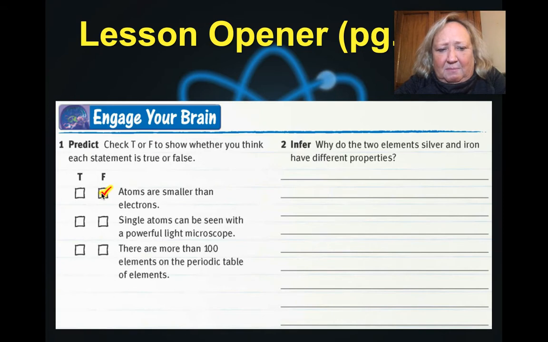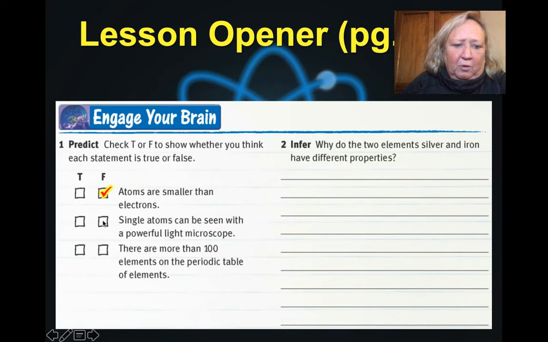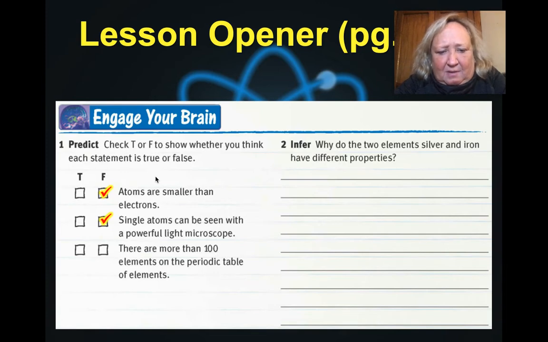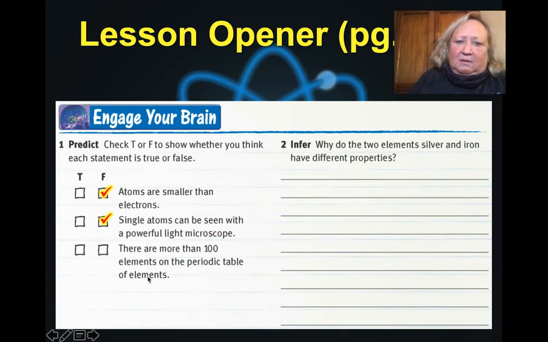Single atoms can be seen with a powerful light microscope, a basic microscope. Nope, no way. And lastly, there are more than 100 elements on the periodic table. Give it a good guess in your head, and that is true.